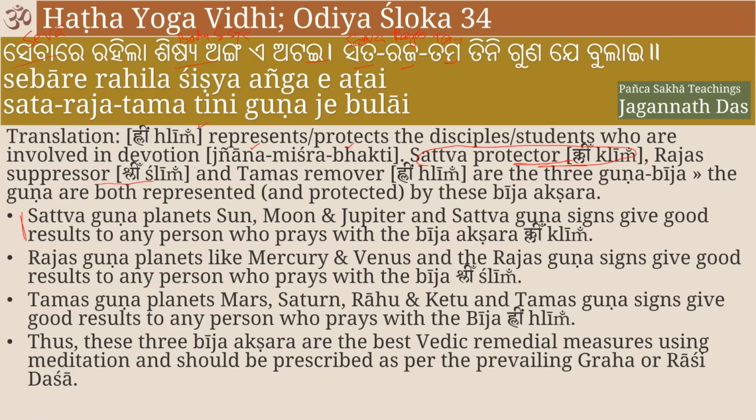Rajaguna planets like Buddha and Shukra, Mercury and Venus, and Rajaguna rashis give good result to any person who prays with the bija Shring. You will get very good result.